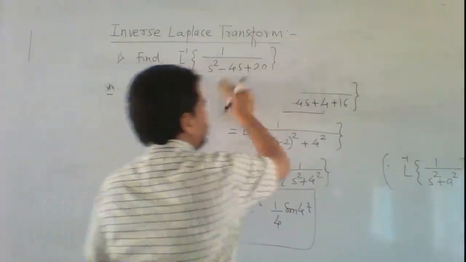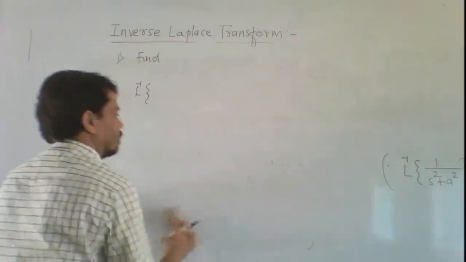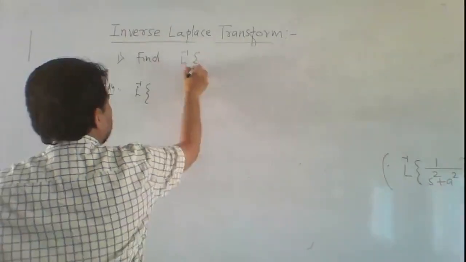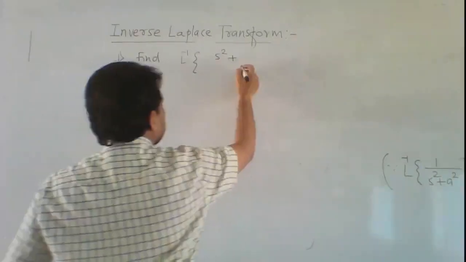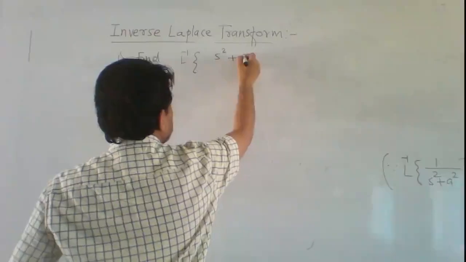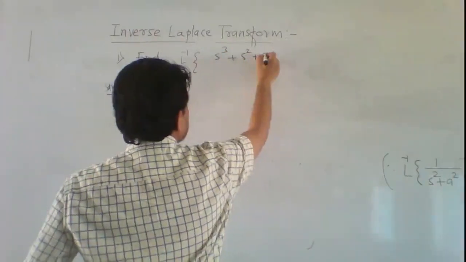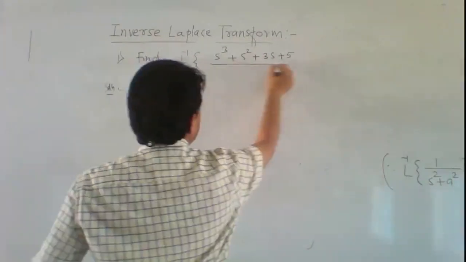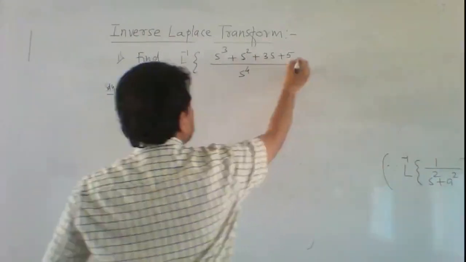Now another example. Find the inverse Laplace transform of s cube plus s square plus 3s plus 5 divided by s to the power 4.